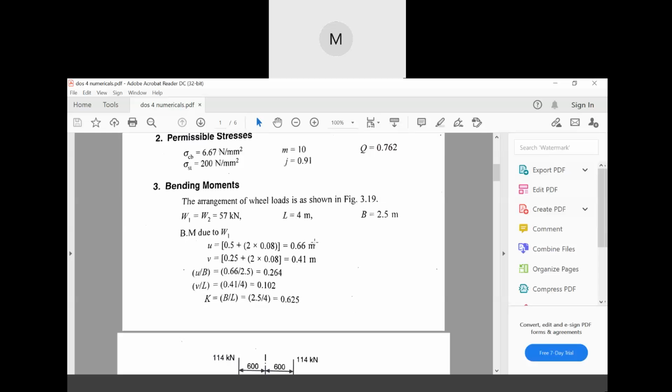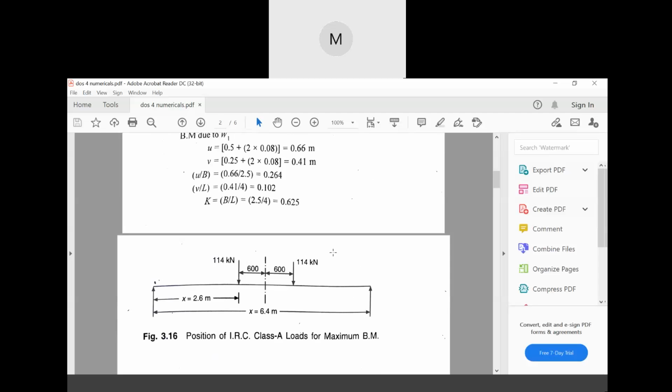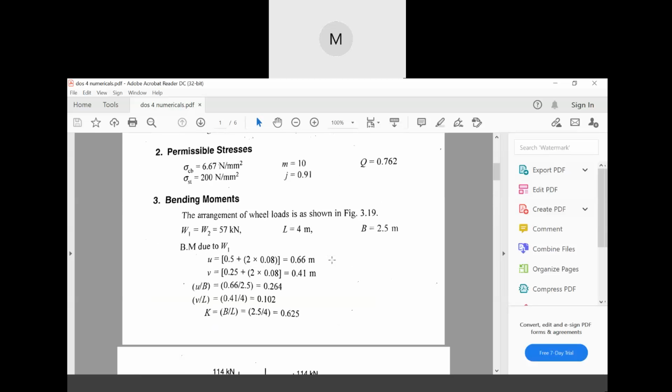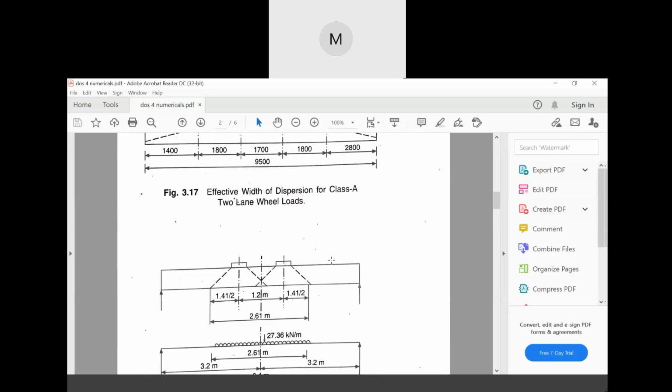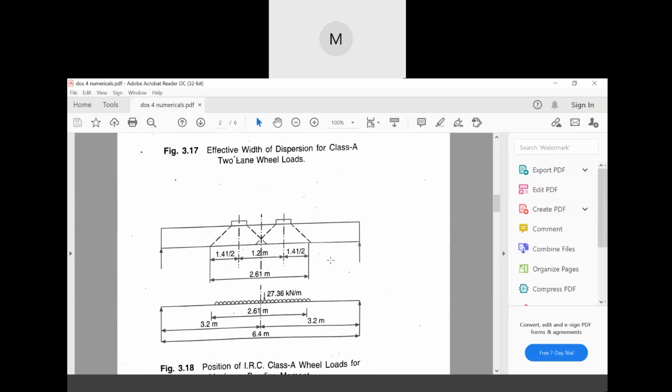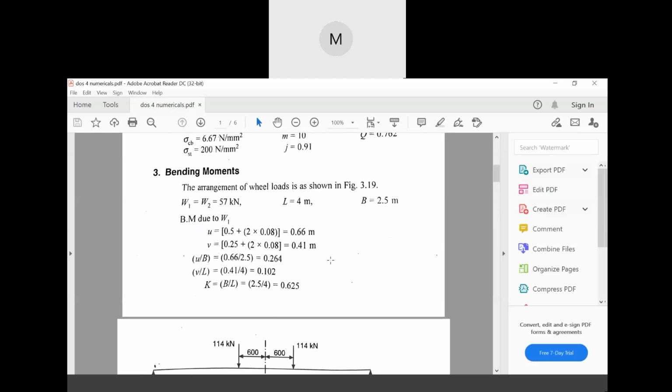Then after finding out U and V, look, U will be 0.5 plus 2 into 0.08. Then V will be 0.25 plus 2 into 0.08.